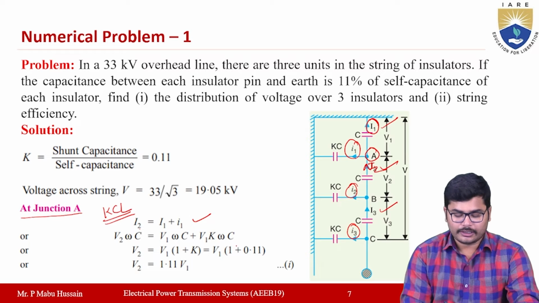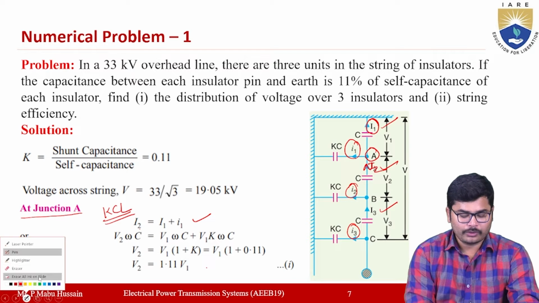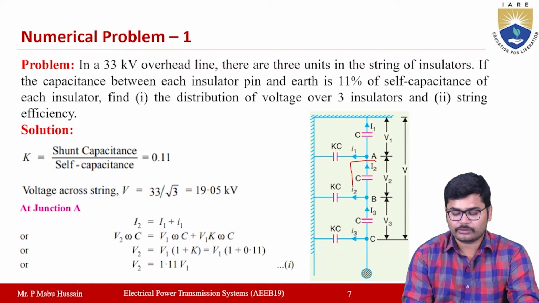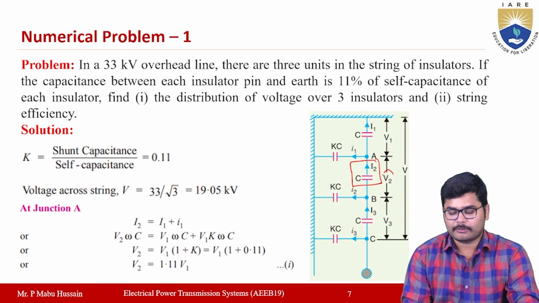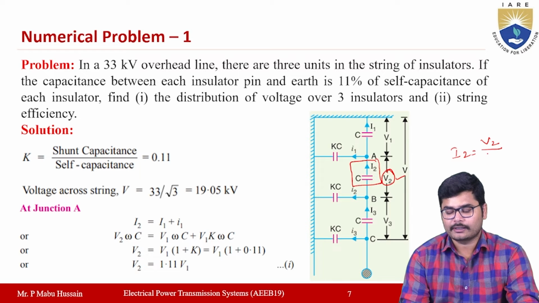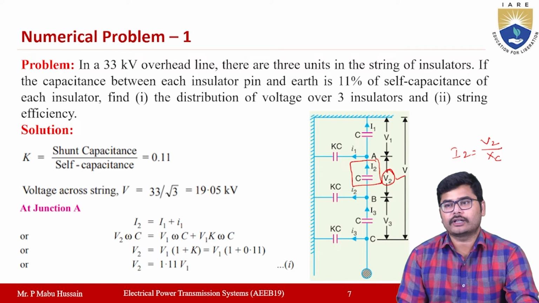Then what is I2? I2 is the current flowing through the self capacitance C, and the voltage across the capacitance is V2. So the current I2 is equal to voltage V2 by XC, the reactance of that capacitance.